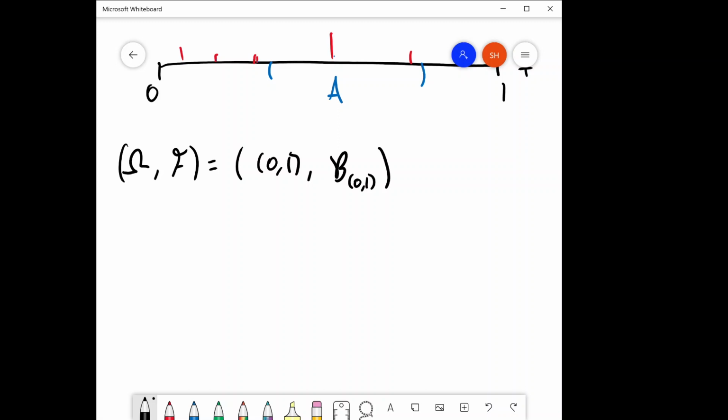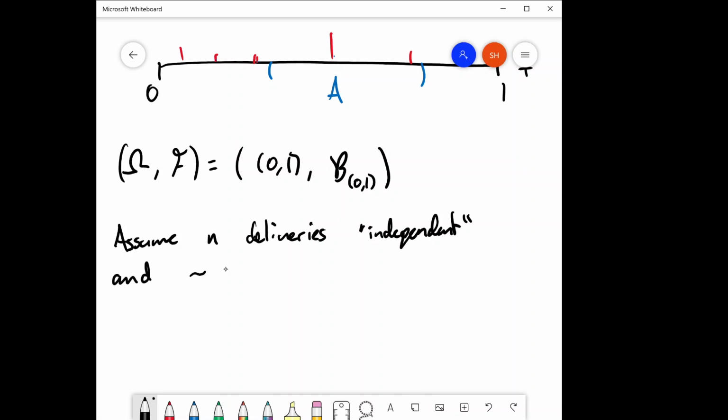Now, we're going to assume that there are n deliveries, and these deliveries arrive independently, in a sense that I'm not going to make super clear. But once we actually get to independence, you can come back and check that, yes, deliveries are independent and uniformly distributed, so distributed like the uniform distribution on 0, 1.